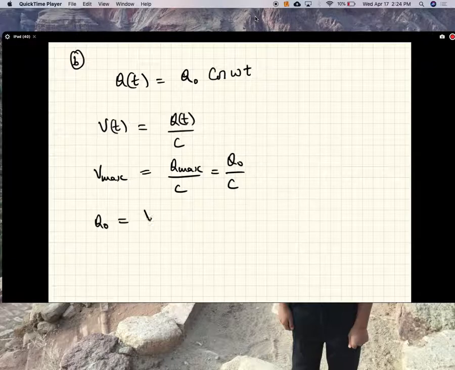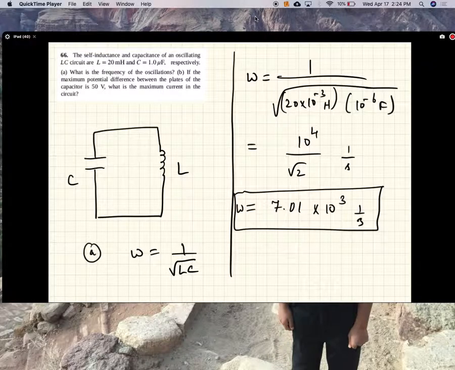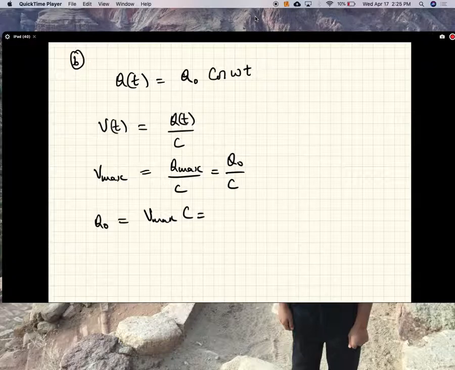Q naught is Vmax times C, and they give you the maximum potential difference between the plates to be 50 volts, and it's 1 microfarad. So 50 microcoulombs is the maximum, Q naught.